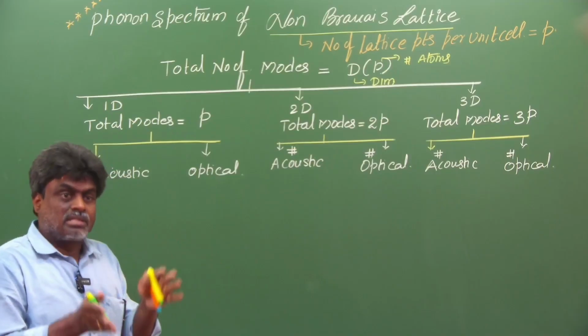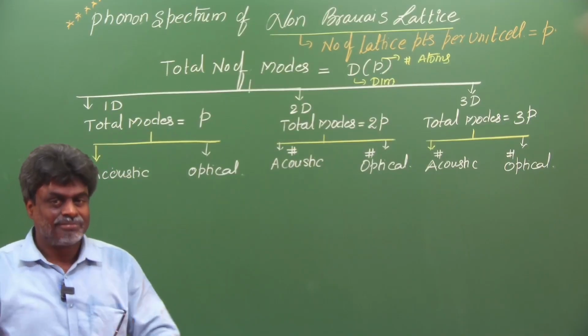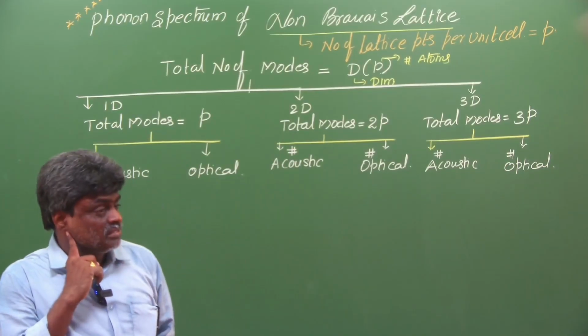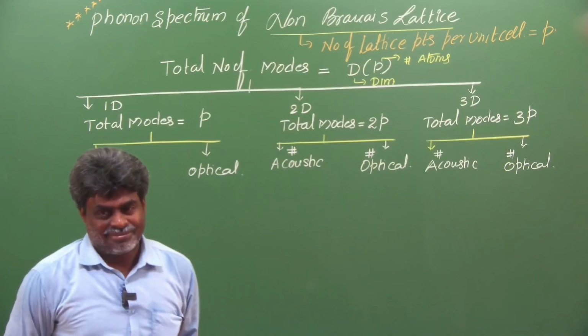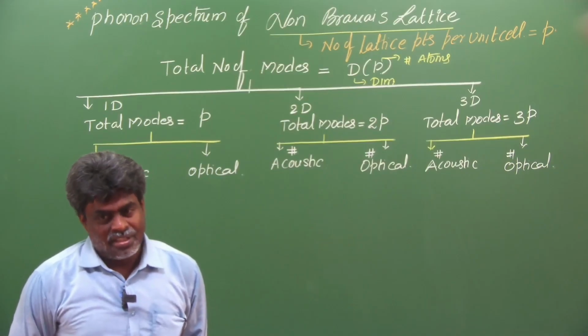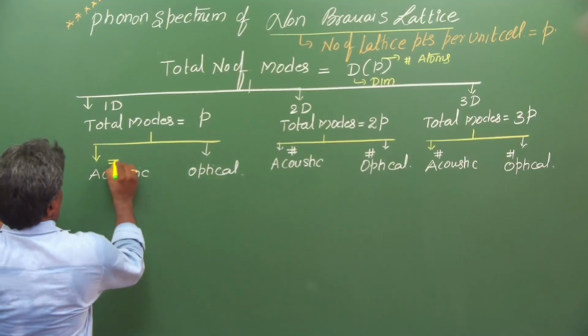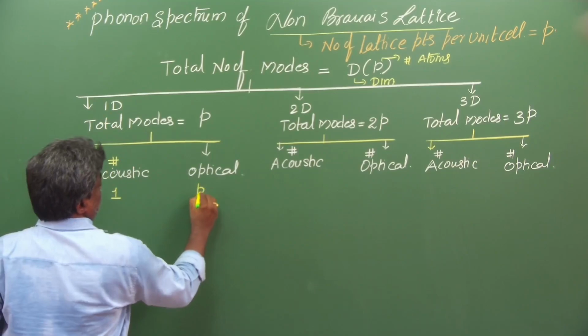Out of that, some are acoustic, some are optical. The number of acoustic is always equal to the dimension. How much? 1. The remaining is optical.